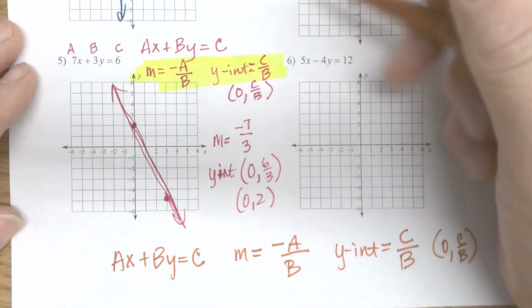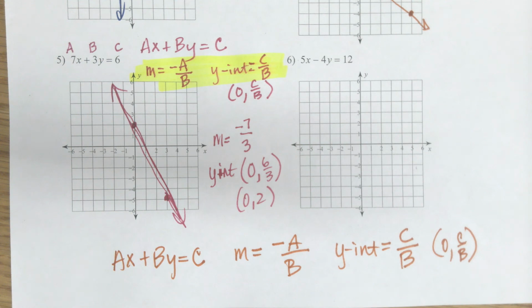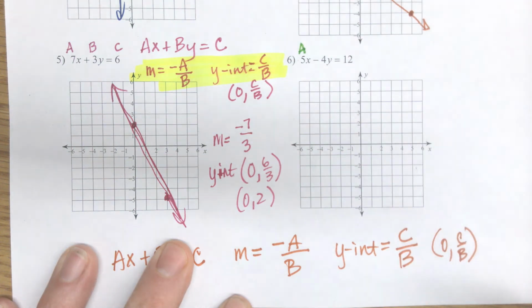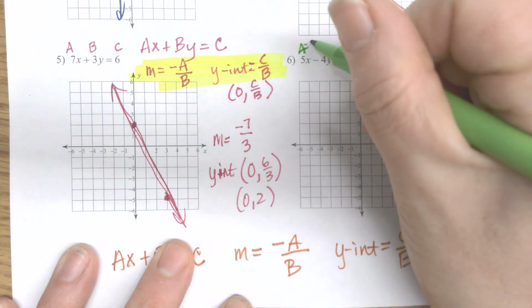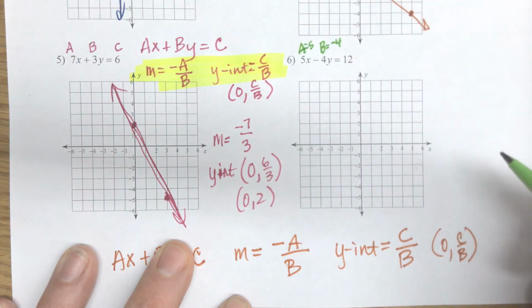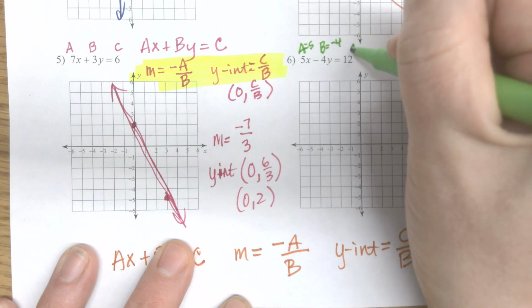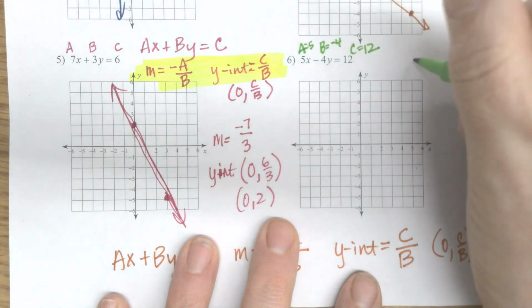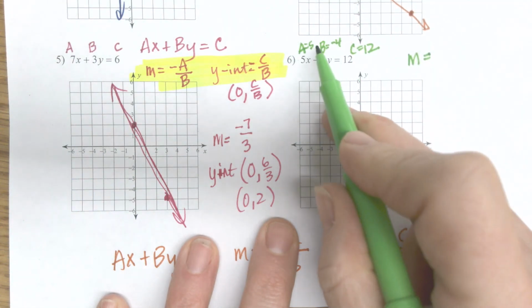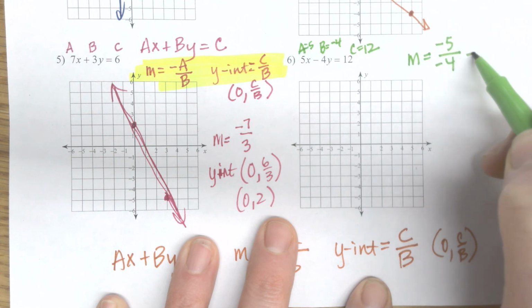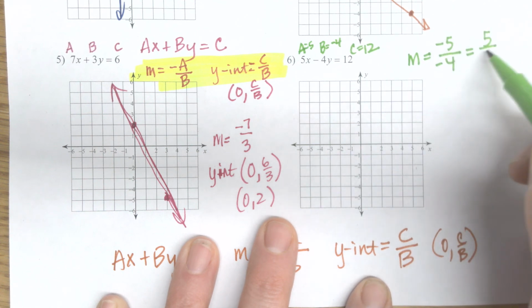When we do our last one, A is 5, B is negative 4, because it's minus 4, and C is 12. So when I find my slope, it's the opposite of A, which means if it's positive, I make it negative. If it's negative, I make it positive. Over B, 2 negatives make a positive, so that's 5/4.